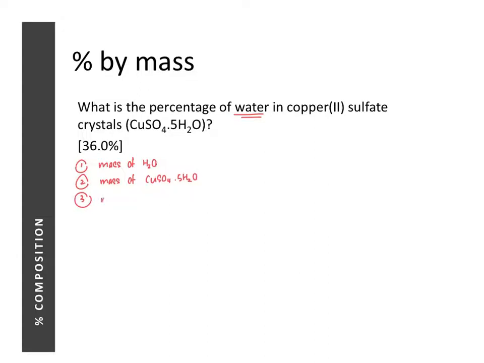And lastly, the number of parts, which is the number of water. So let's try to solve the question. The mass of water is 16 plus 2, so 18. The mass of whole copper sulfate is 64 plus 32 plus 16 times 4.